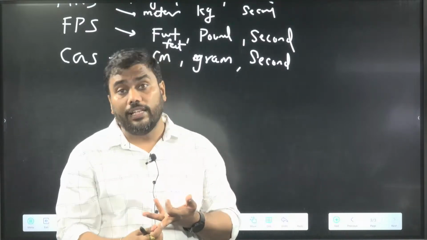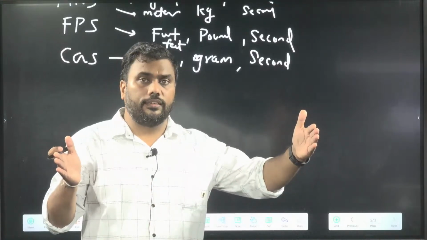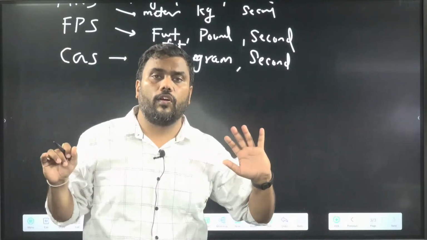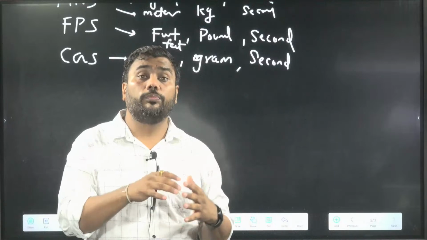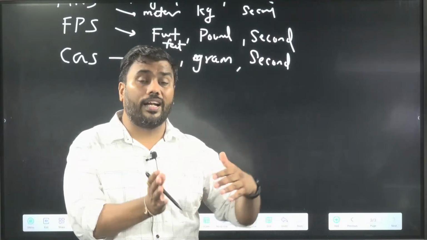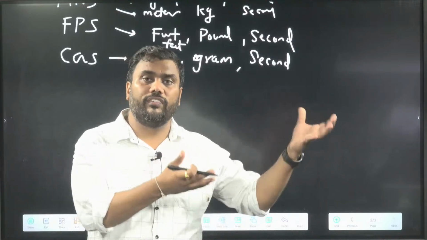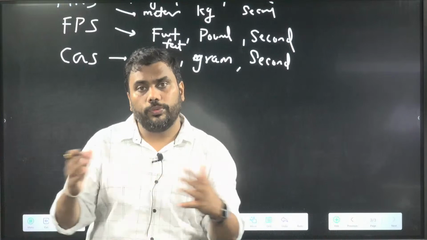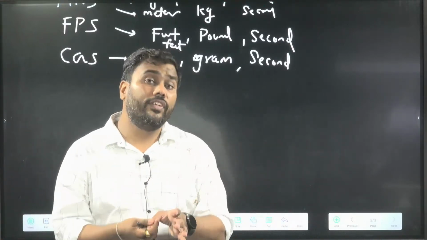Then it should be invariable with time. Suppose today 1 meter length is this, and after 10 years 1 meter length is different, then this will create a lot of problems. It should be transportable. That means if you are using a unit in France, you should also be able to use it in India. It should be accessible everywhere. And it should be convenient in use.